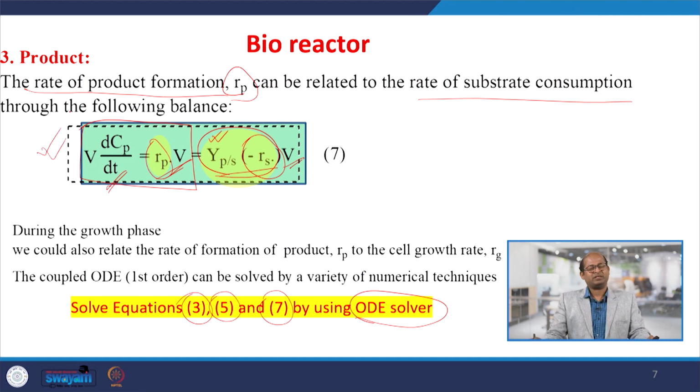So, these 3 differential equations we have to solve with respect to the ordinary differential equation solvers. Then with respect to time, how the component concentrations change, when cell, substrate and product concentration inside of the reactors during cell reactions inside of the bioreactor, that we can easily find out theoretically using these equations.